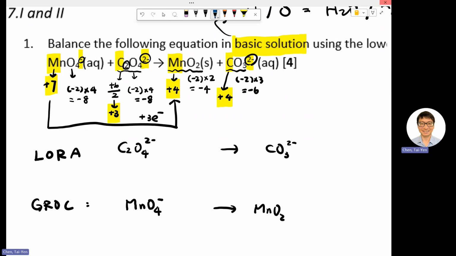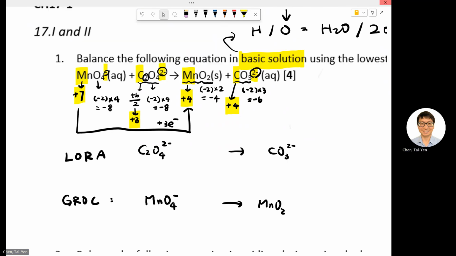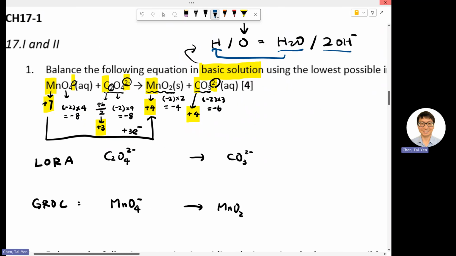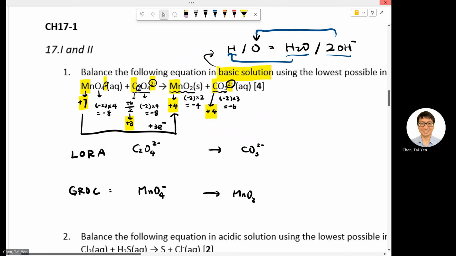Then we can move to step number 2. We need to balance all the atoms. Okay, and then we are going to use H2O to compensate your H, using 2 OH minus to compensate the missing oxygen.